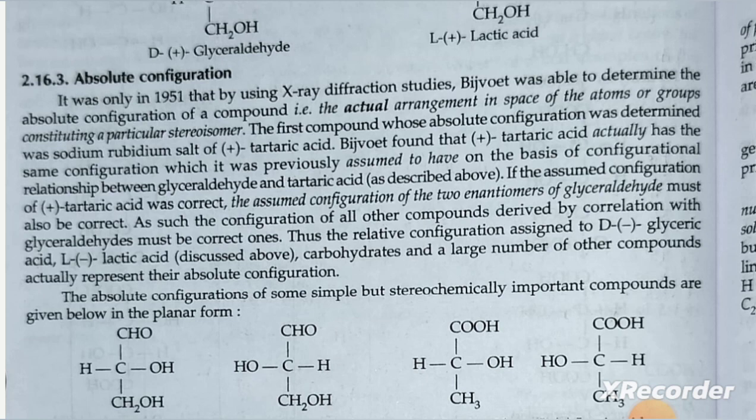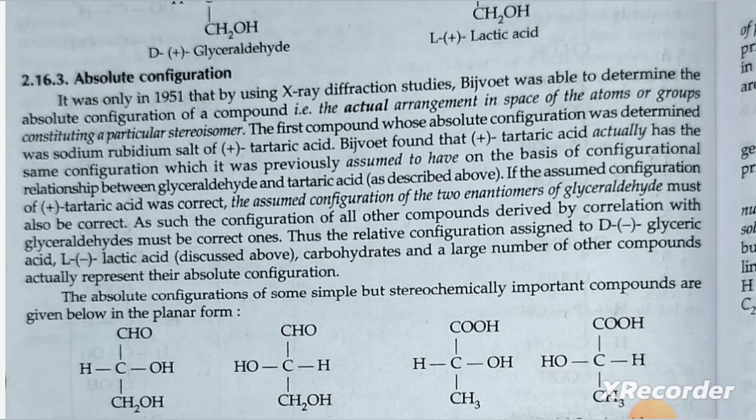Bijvoet found that (+)-tartaric acid actually has the same configuration which it was previously assumed to have, on the basis of the configurational relationship between glyceraldehyde and tartaric acid as described above. If the assumed configuration of (+)-tartaric acid was correct, the assumed configuration of the two enantiomers of glyceraldehyde must also be correct.